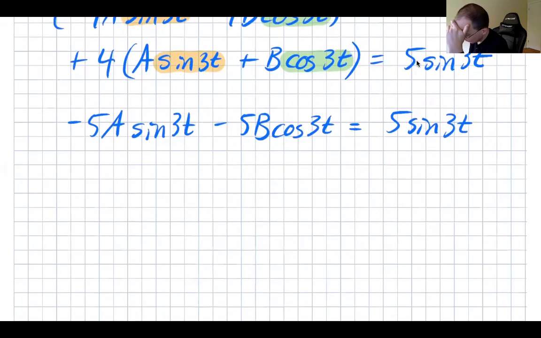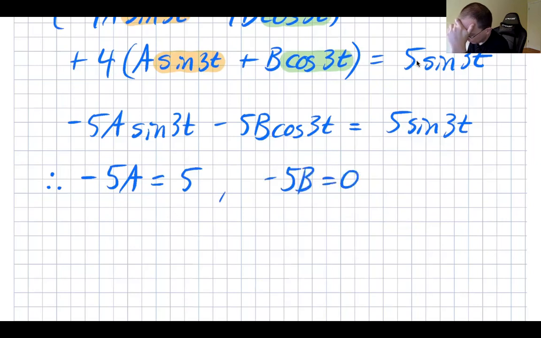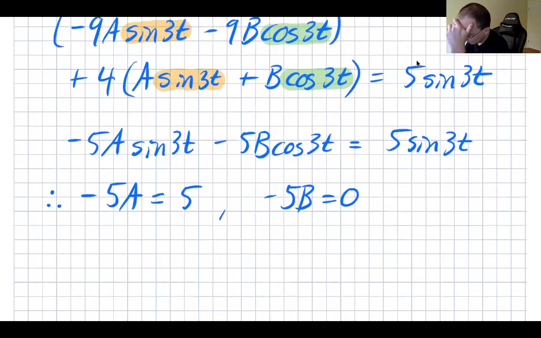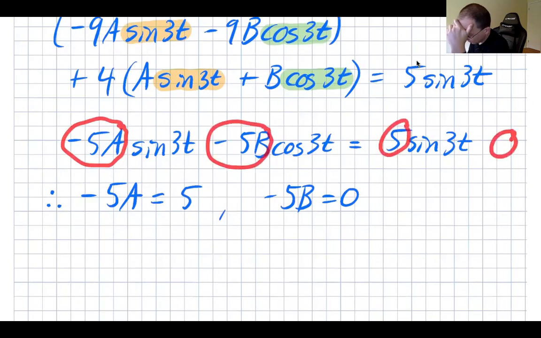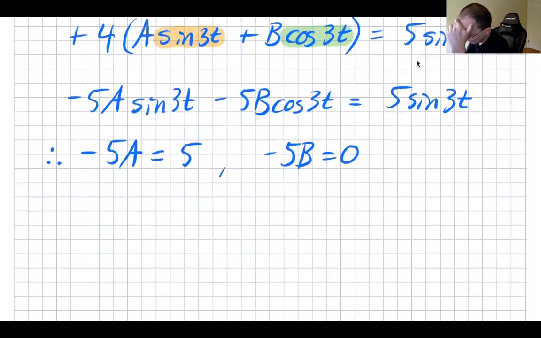All right, so we have negative 5a equals 5, and negative 5b equals 0. I'm just matching up the coefficients here. Negative 5a is equal to 5, and negative 5b is equal to 0 because there's no cosine term over there.